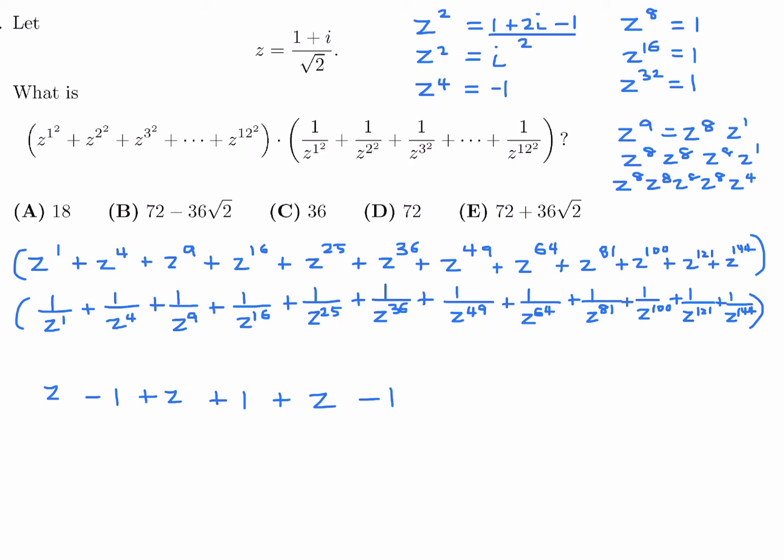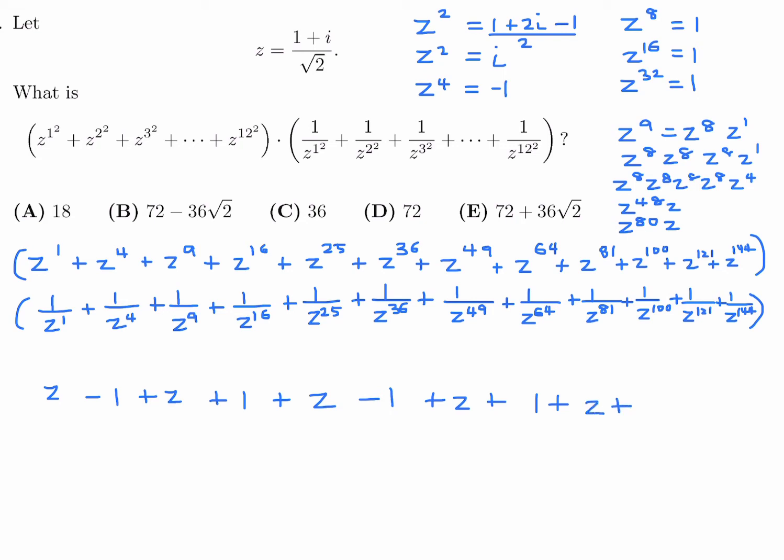Z to the power of 49 is going to be z to the power of 48, which is a multiple of 8, times z. So that's just going to be z. Z to the power of 64 is a multiple of 8, so that's just going to be 1. Z to the power of 81 is z to the power of 80 times z, which is a multiple of 8, so 1 times z.